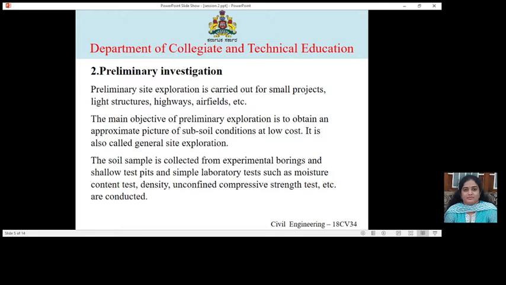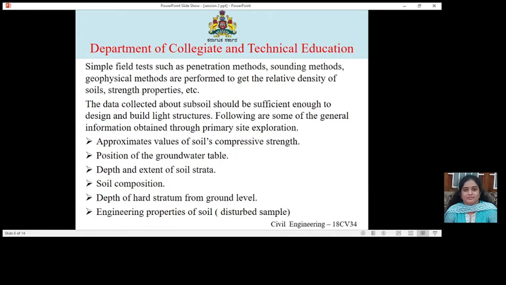The next method of site investigation, a little bit more detailed. The soil sample is collected from the experimental borings and shallow test pits, and simple laboratory tests such as moisture content test, density, unconfined compressive strength test, etc. are conducted in this second stage.